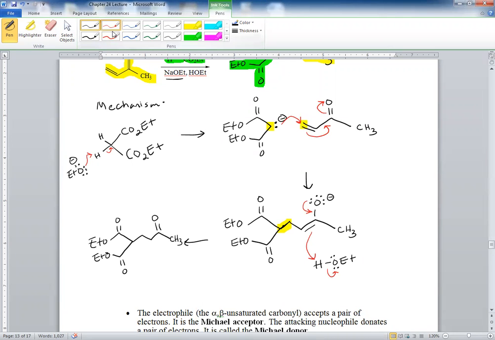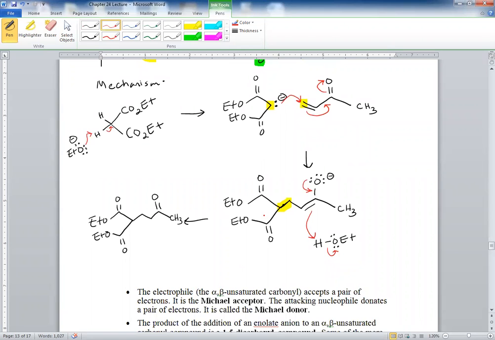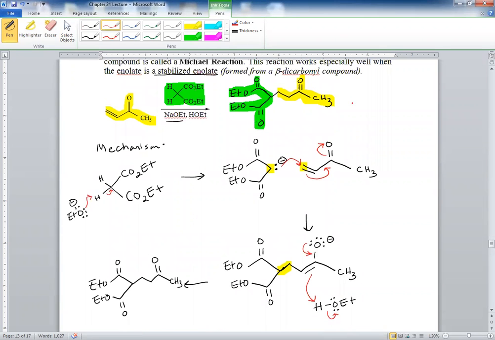Now, a few things before we move on. This is a 1,4 conjugate addition, or 1,4 addition, or basically a conjugate addition. So this is a 1,4. We're going to write this down here. It's a 1,4 addition.